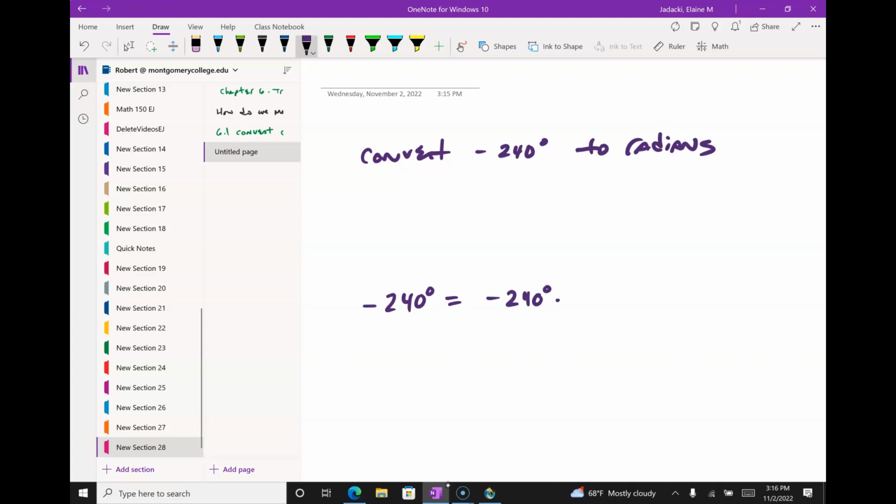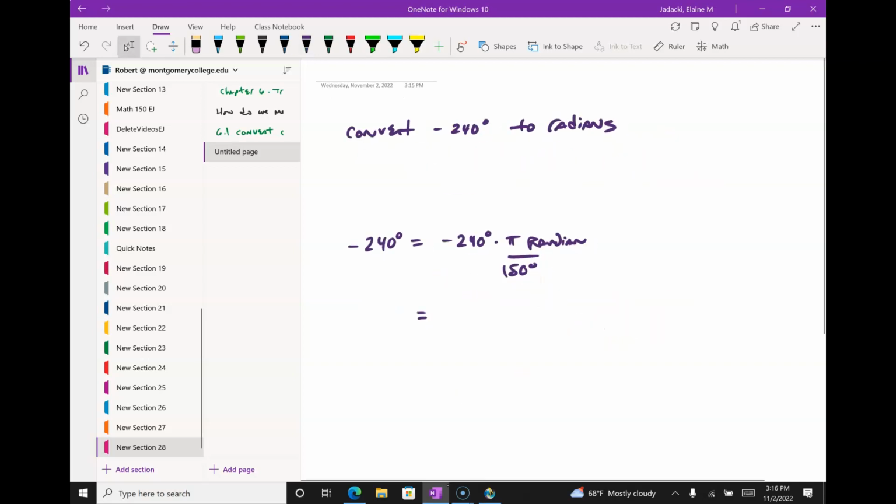I'm going to actually just multiply by 1: pi radians over 180 degrees. Remember, in terms of my circle, I'm going all the way over to here. There's my theta.